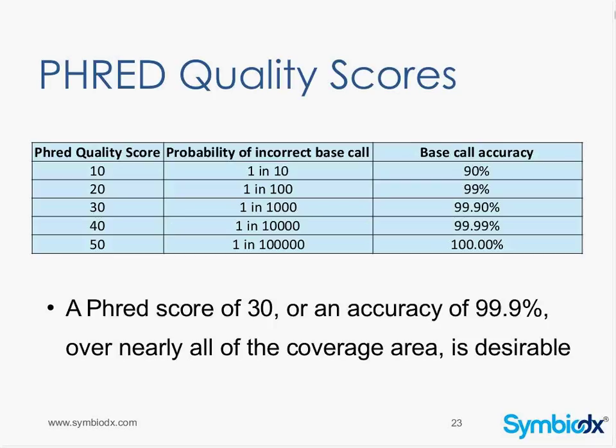For our assay, everything has at least a Phred score of 50 in the data that we actually analyze, and most of it has a Phred score of 100. So here it says 100%, but of course, you can guess from this table that it's actually 99.999, and if you go up to 100, it would be 99.9999. So think about it. This sounds ridiculously high for accuracy, and you think there probably isn't much difference between a Phred score of 30 and 100.